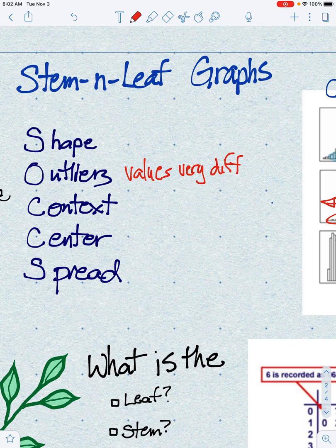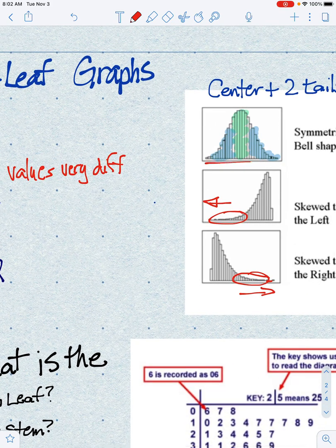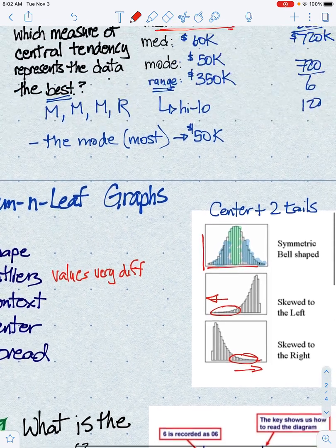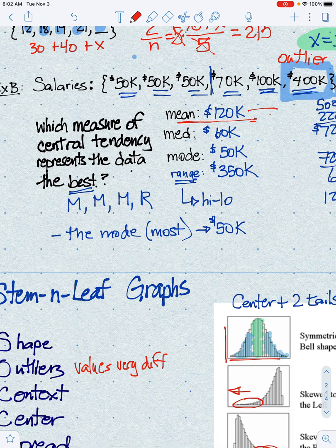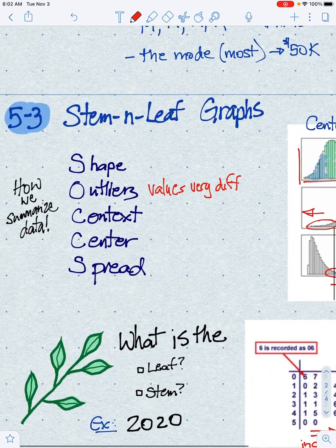Context. What is the context of the information that we have given us? It gives us, for example, the axes that we are talking about. In our last problem that we did in the mean, median, mode, it was salaries in a company, and that's important.